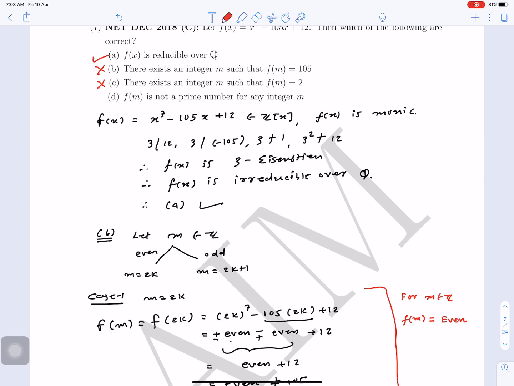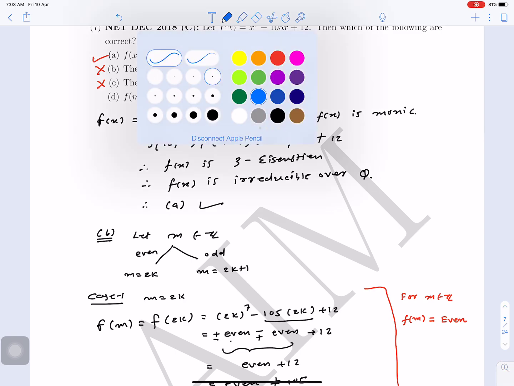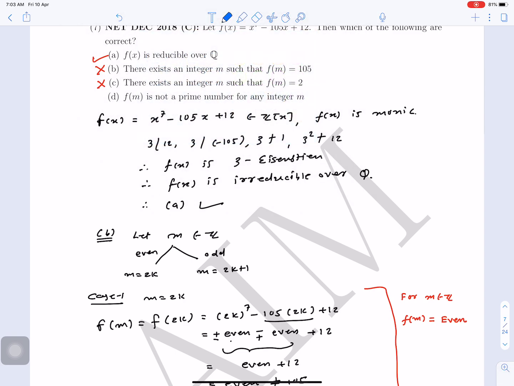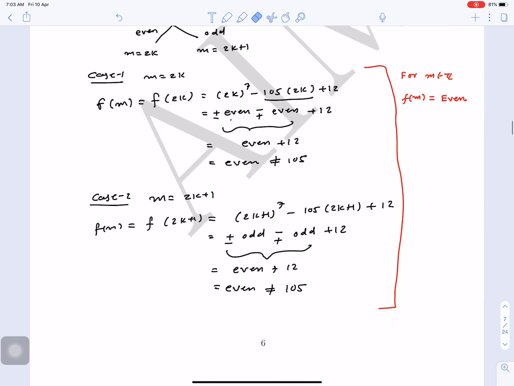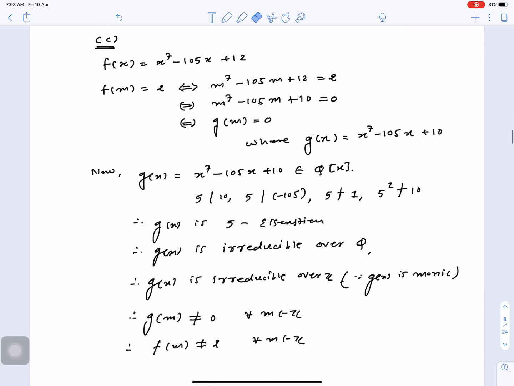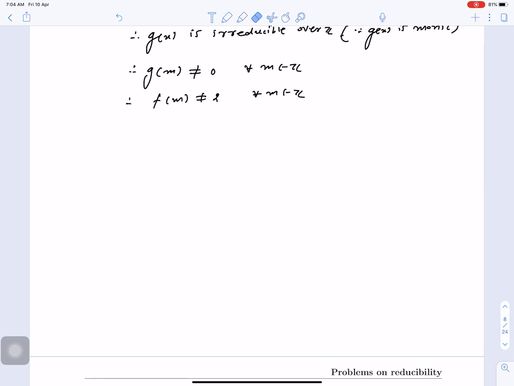So here, for option D, let me write at the last page. Now for option D, f(m) is always even and f(m) is not equal to 2.